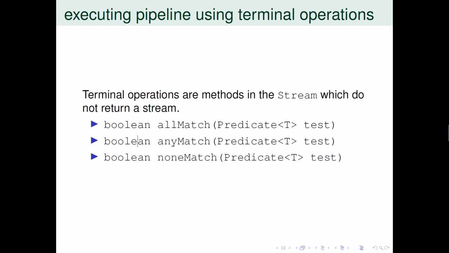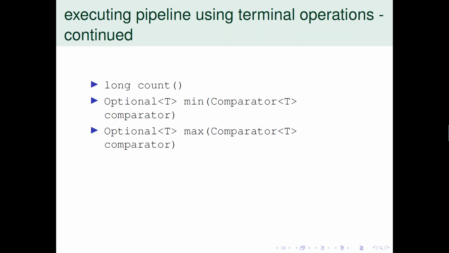This is how the terminal operations will work basically. And before the terminal operation, you can do all those intermediate operations. Here these are more statistical, so you can use count, min, max. When you say min or max, you can see what it is returning. What's the return type for min?